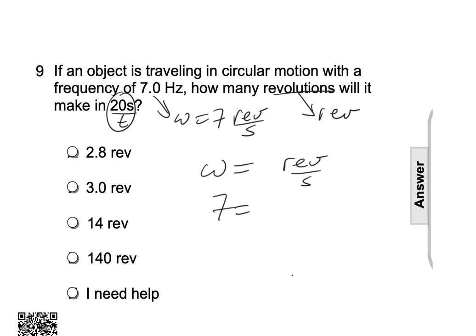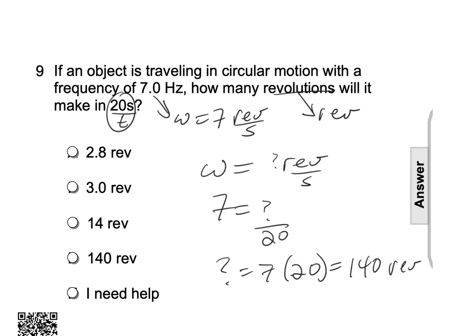We're looking for revs. They gave me 20 seconds, so question mark equals 7 times 20 equals 140 revs.